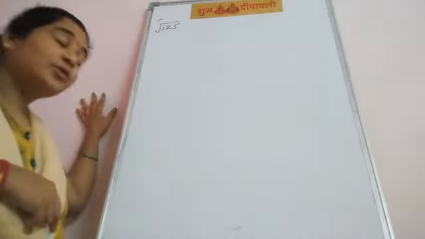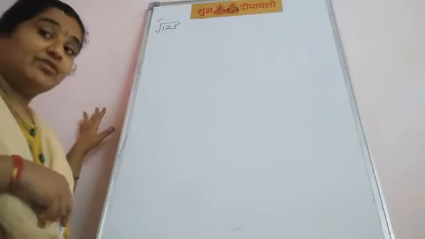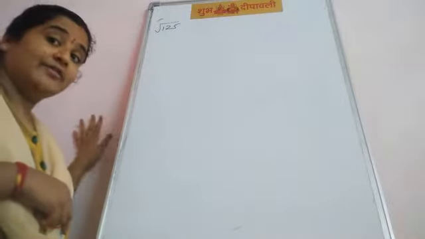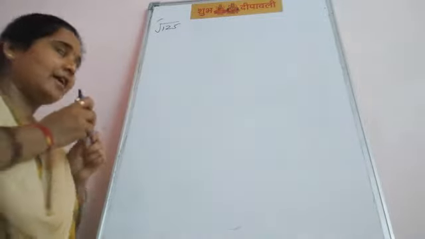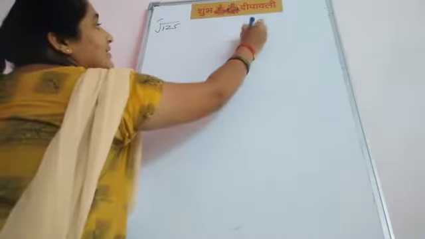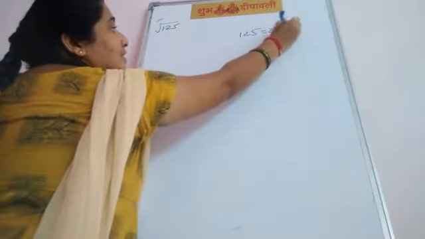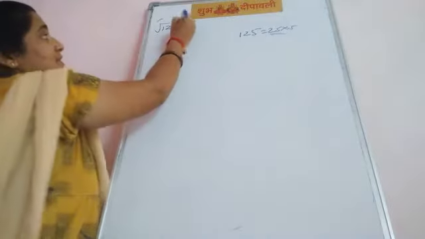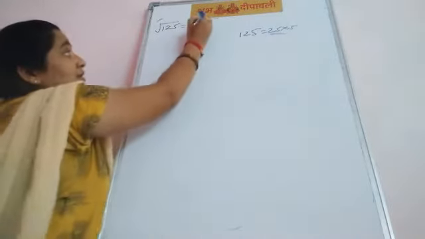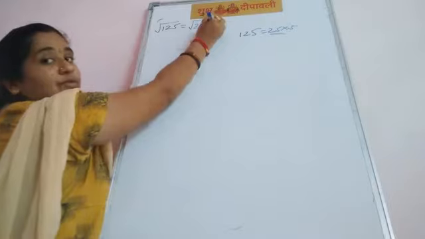Students, now one more example we will see: square root of 125. 125 can be written how? 25 fives are 125. See here, one number is a perfect square. So here under root 25 into 5.